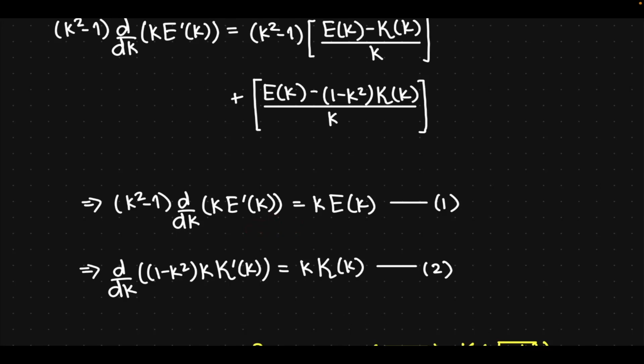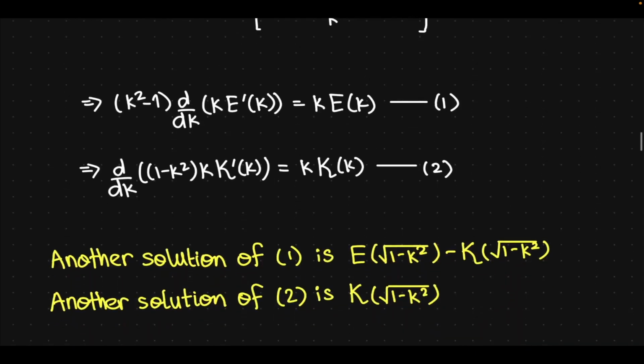And since it's a second order differential equation, you might say, what's the second solution? Well, another solution for equation 1 is obtained by doing a slight change of parameters. So E of square root of 1 minus k squared minus capital K of square root of 1 minus k squared is another solution for 1.